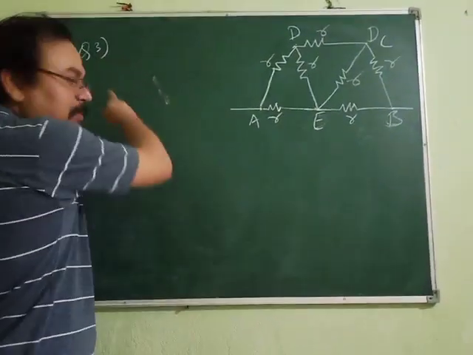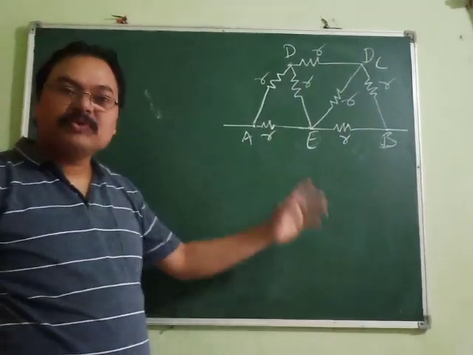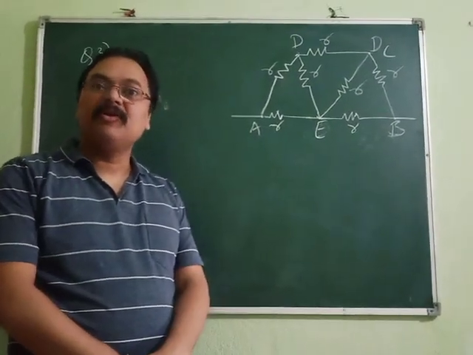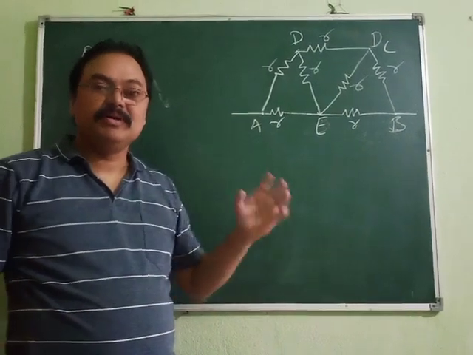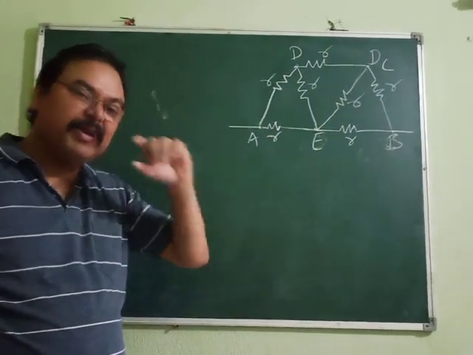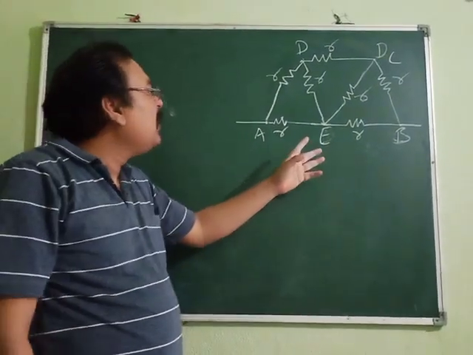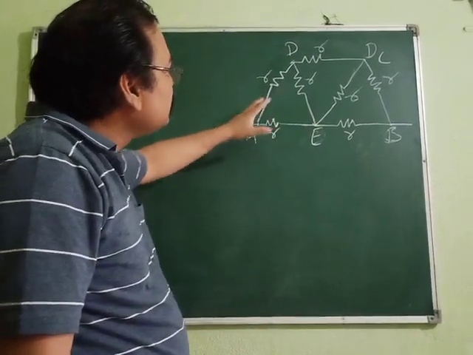Let us take question number 3. Actually, this question was asked in a doubt by one of my students. So please watch carefully. This is the question. This is the structure.